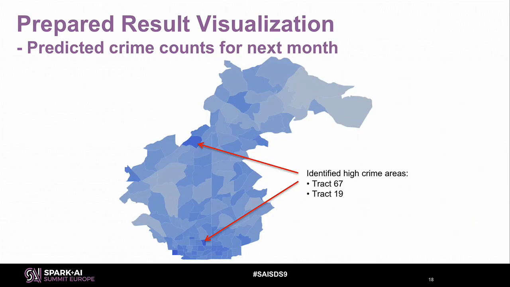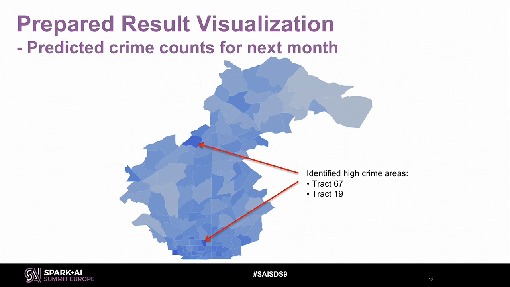Okay, so the model is built based on the previous slides. Here we got the model result, and such a model can be applied to do the prediction, to get the crime count for the next few months.